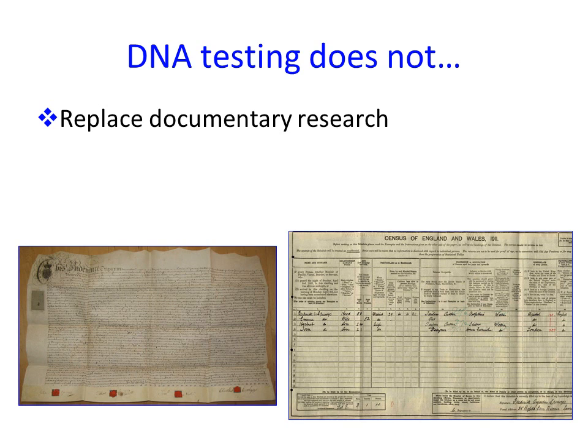Now, DNA testing does not replace your documentary research. You need to think of DNA as just another type of record that you use with your research, and we normally use all the records together before we come to any conclusions about relationships or placement on the family tree.